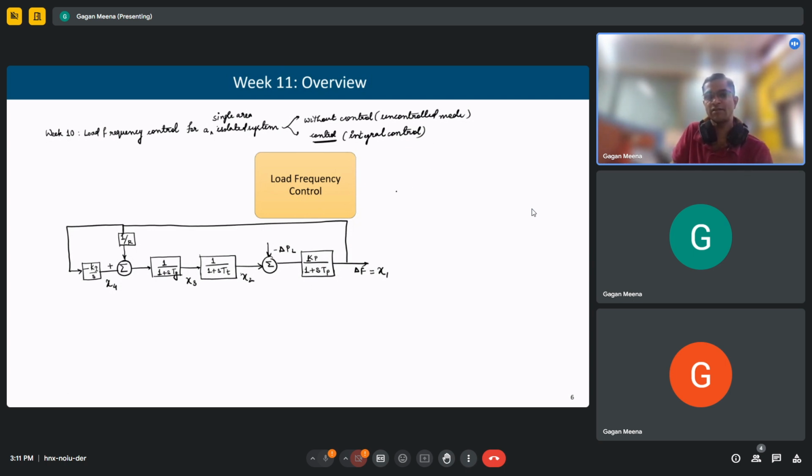Let us start with X1. X1 is equal to X2 minus delta PL, multiplied by Kp upon 1 plus s Tp. If we cross multiply, then we find X1 plus X1 dot Tp is equal to X2 Kp minus delta PL into Kp. Now X2 into s is X2 dot, which is dx2 by dt.